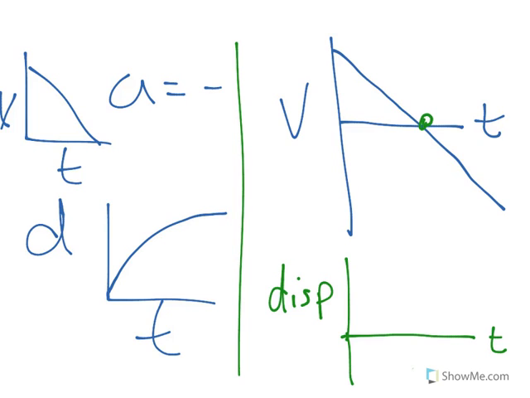And in this case, we would start up here, and we would be going slowly up to a point. And then once we reach this point, all right, we would start to speed up, but it would be in the negative direction. So we'd be going back to the starting point. So the critical thing to note here is that at this point, you start going backwards.